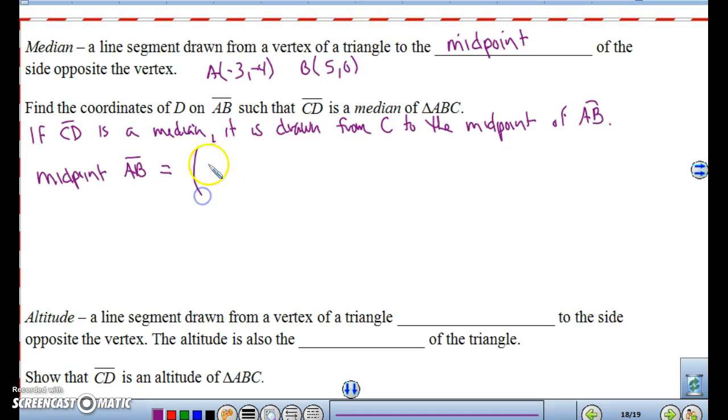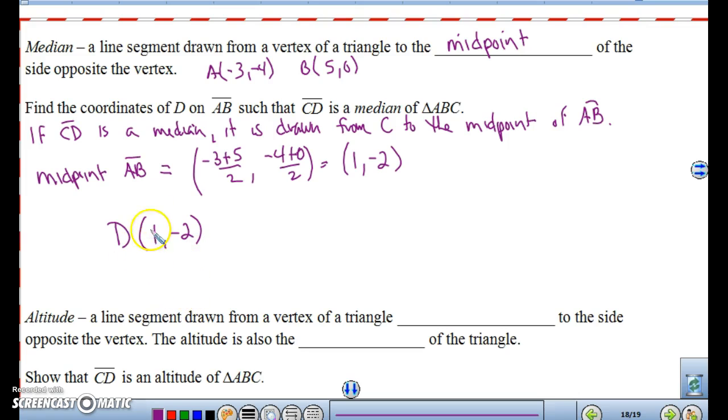So the midpoint of AB will be at -3 plus 5 divided by 2, and -4 plus 0 divided by 2. -3 plus 5 is 2, divided by 2 is 1. And -4 plus 0 is -4, divided by 2 is -2. So D would be at 1, -2, because that is the coordinates of the midpoint of the opposite side from C, and you draw C to D.